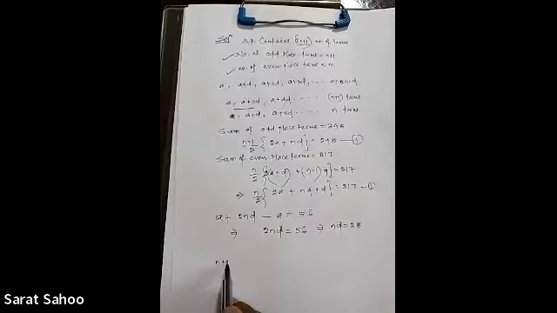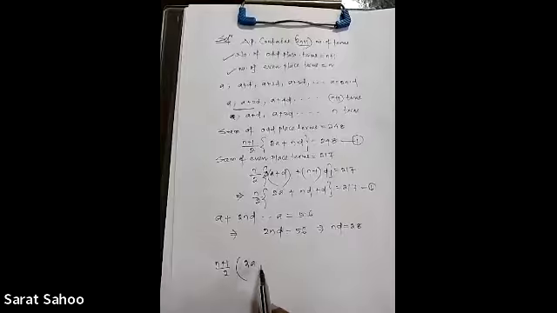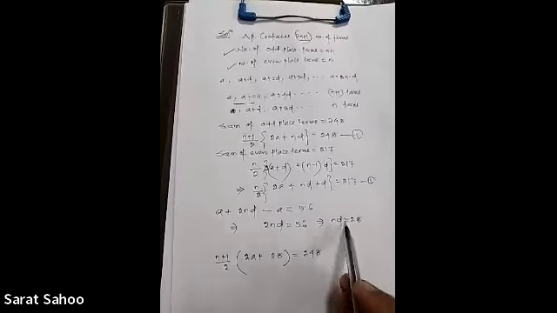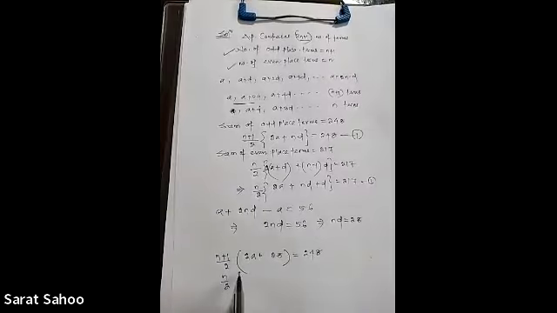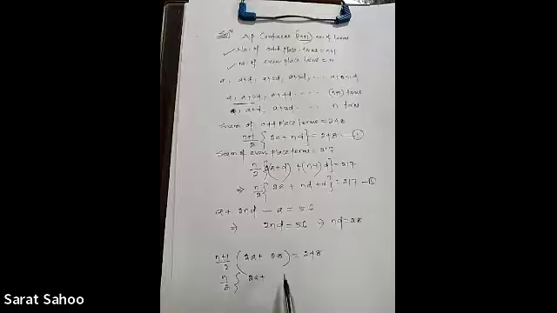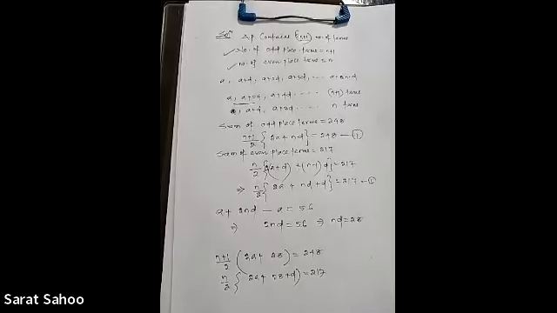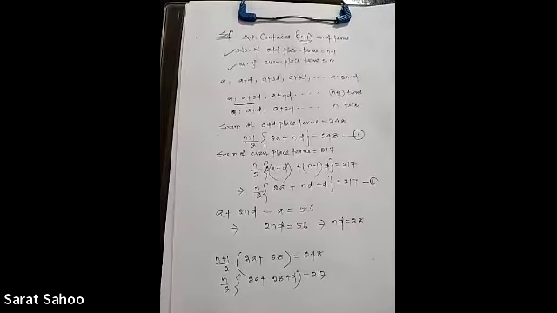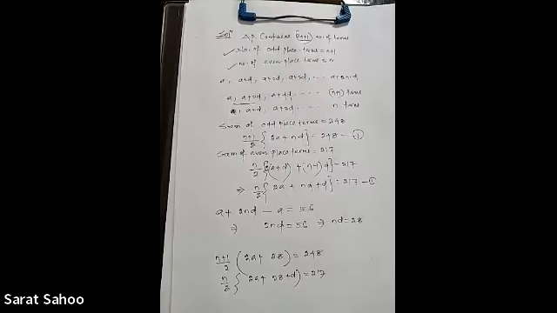So n plus 1 by 2 into 2A plus nD, which is 28, is equal to 248, and substitute the value of nD in equation 2 also. n by 2 into 2A plus 28 plus D is equal to 217. Now select which option is correct.